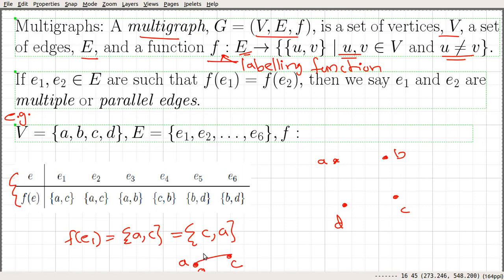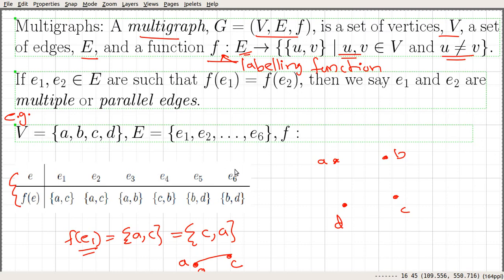Both are the same, since here we are dealing with undirected graphs. So that's the meaning of f of E1. Here f of E1 is set AC, f of E2 is set AC, f of E3 is set AB, f of E4 is set CA, and so forth.